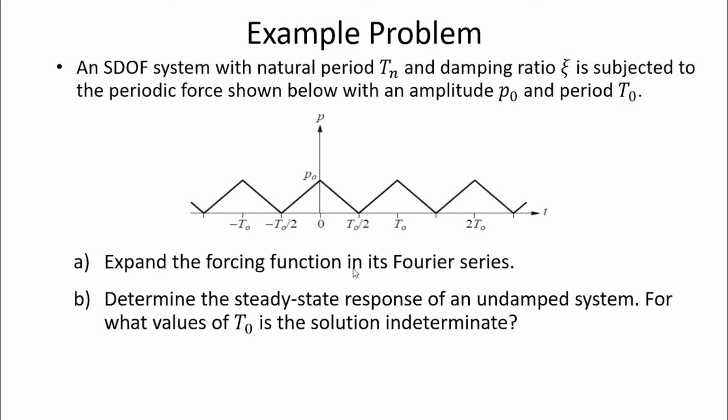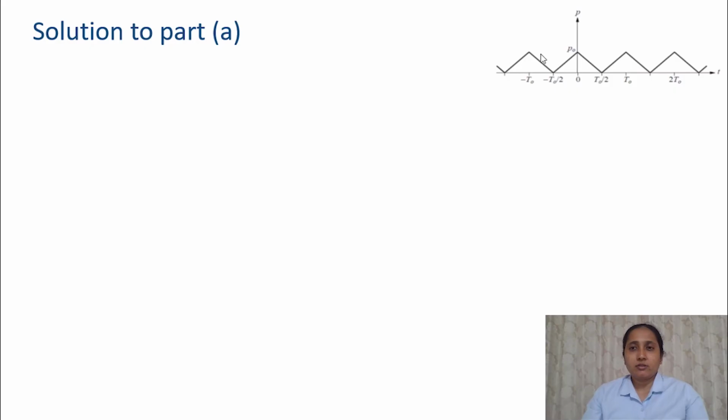Expand the forcing function in its Fourier series. Determine the steady state response of an undamped system. For what values of T0 is the solution indeterminate? From this forcing function, we can understand that this forcing function is an even function.